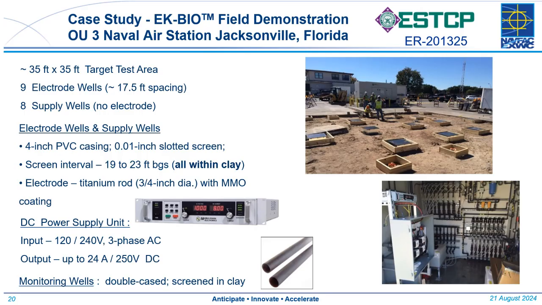We had 8 supply wells. As mentioned before, the electrode wells were PVC cased, screened between 19 to 23 feet, all within clay. The electrode was a titanium rod with a mixed metal oxide coating. There was a direct current supply unit, which would receive 120, 240 volt, 3-phase alternating current with an output up to 24 amps or 250 volts.